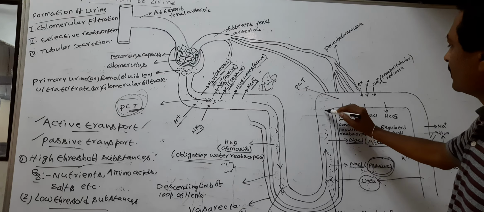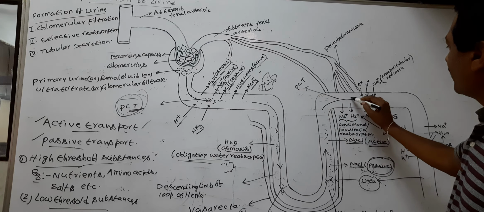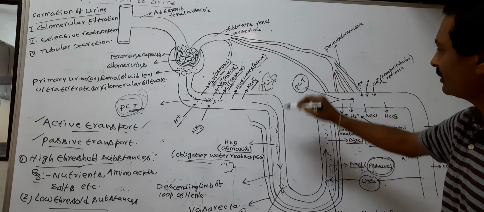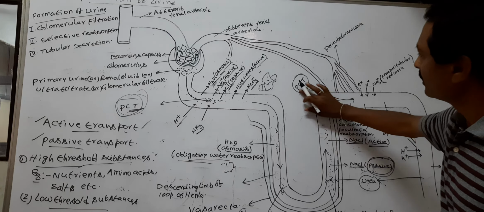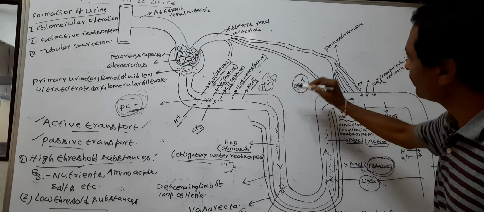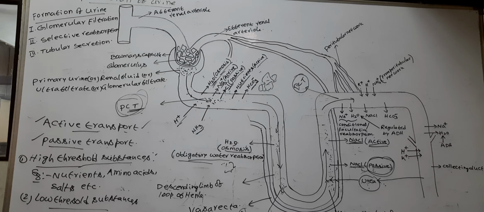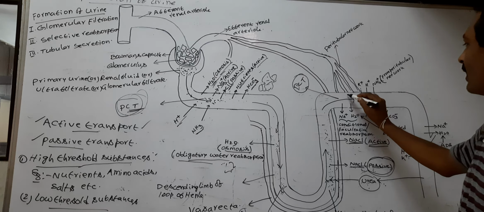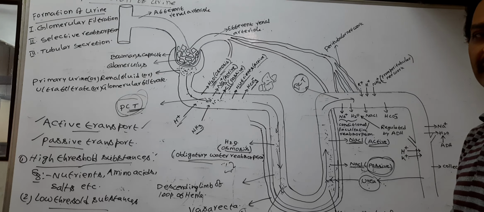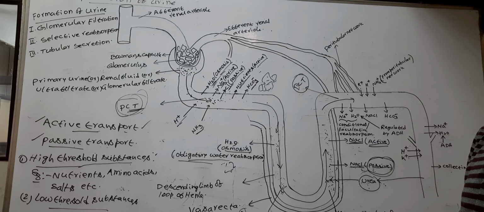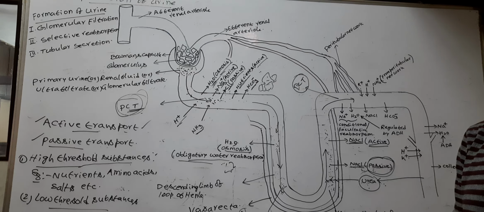Next, the primary urine enters into the distal convoluted tubule. The wall of the distal convoluted tubule is lined by cuboidal epithelium, but microvilli are absent.